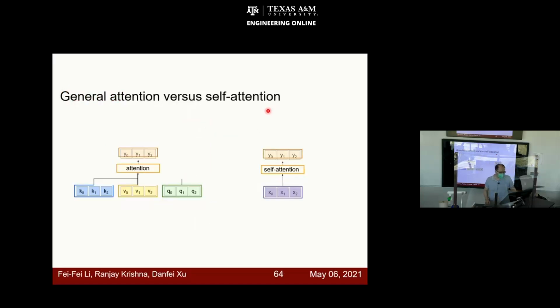And now you have something in mind about the difference between the general attention and the self-attention. Basically, in the general attention, you have input that will be split into the keys and the values, and you also have a query. In the encoder-decoder system, the query is from the decoder, and the input is from the encoder.